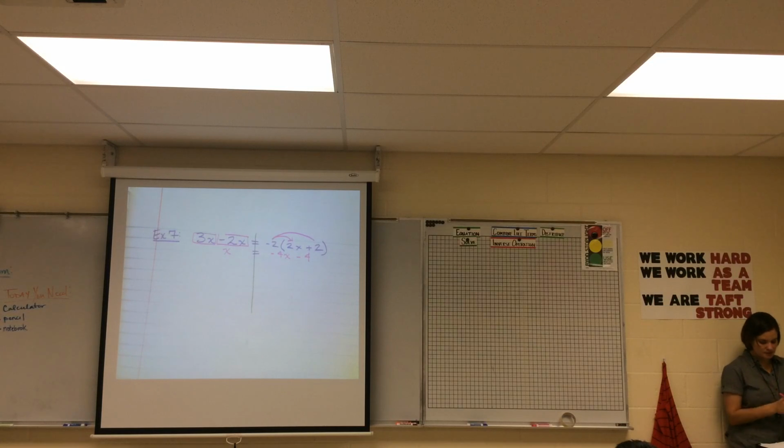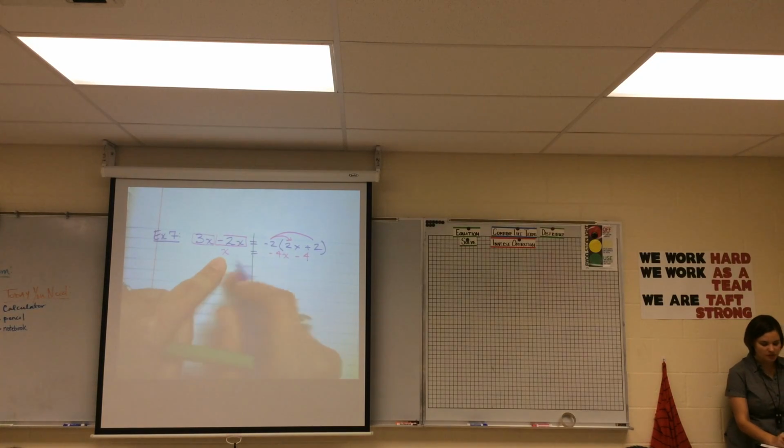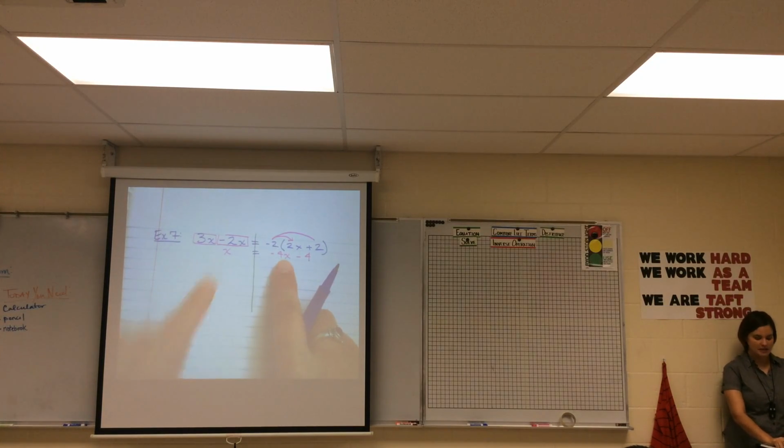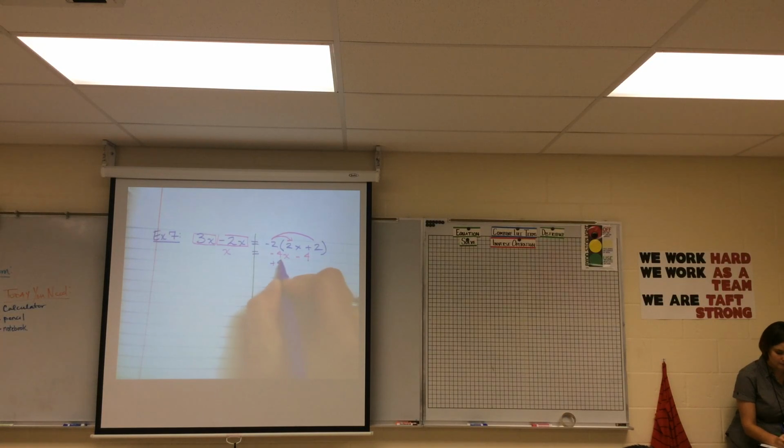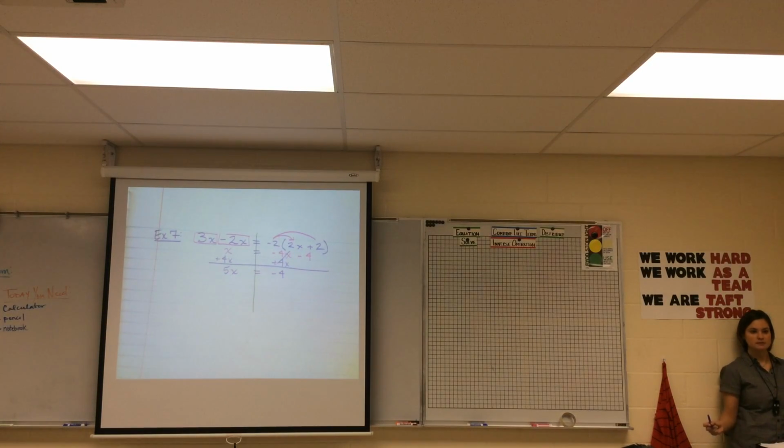All right. So then I'm going to move all of my x's to the same side. Which one's smaller, 1x or negative 4x? Negative 4x. So I'm going to add 4x to both sides. So I have 5x equals negative 4.